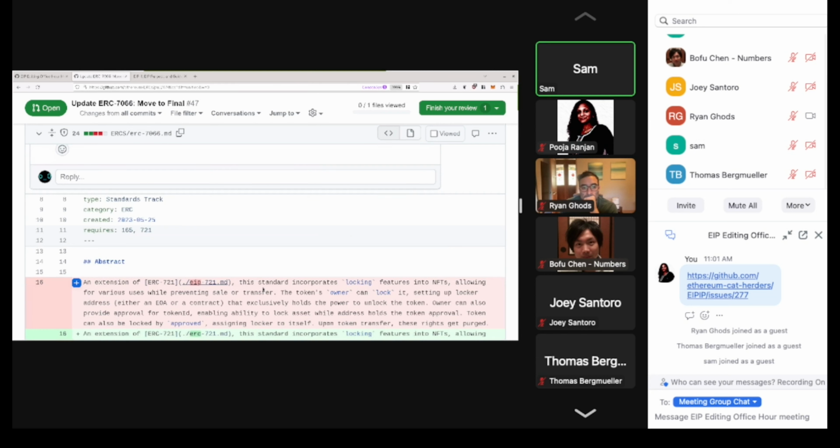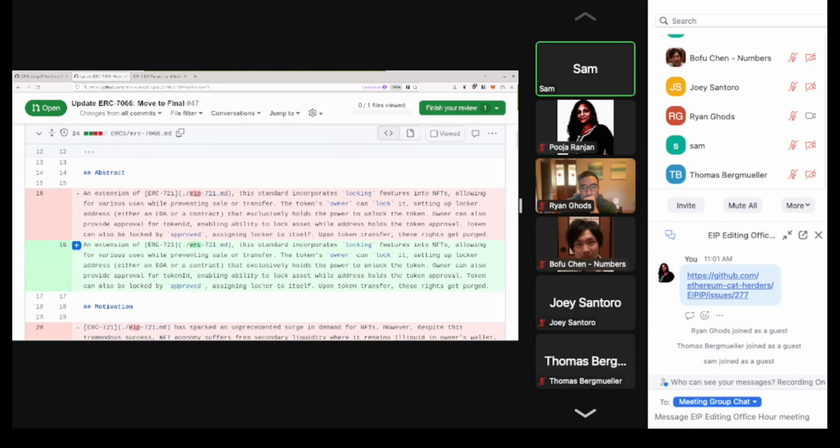There. An extension of ERC-721. The standard incorporates locking features into NFTs, allowing for various uses while preventing sale or transfer. The token's owner can unlock it, setting up a locker address, which explicitly has the power to unlock the token.